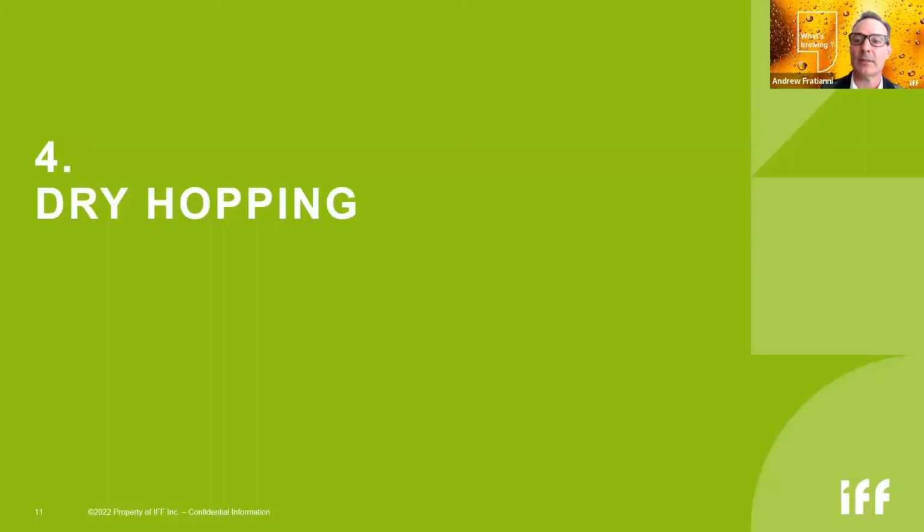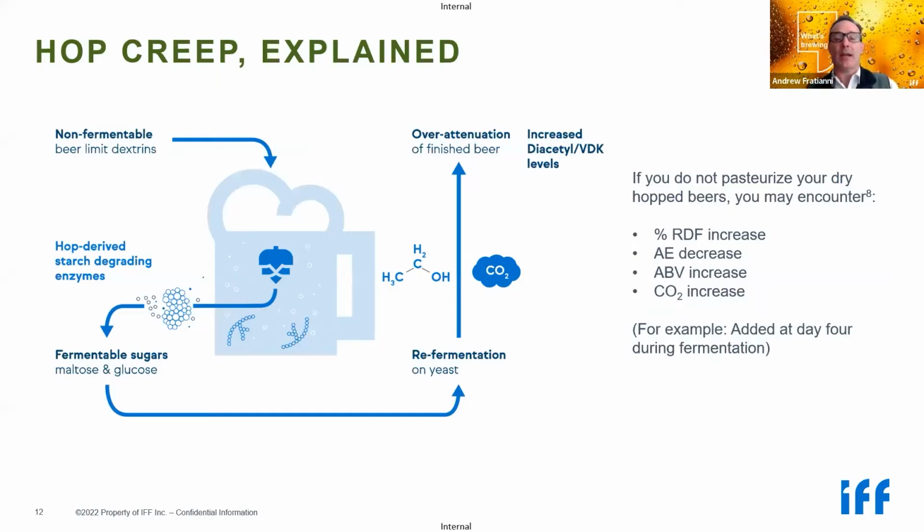Dry hopping. So dry hopping has become very popular here in the past few years, and probably will continue to grow or be popular because I think brewers and consumers enjoy it quite a bit. Specifically, if we're talking about diacetyl and dry hopping, yes, it does happen. And you get diacetyl formation with dry hopping because you're restarting fermentation.